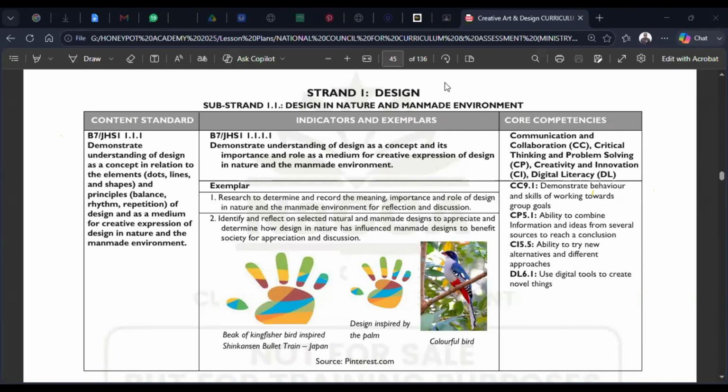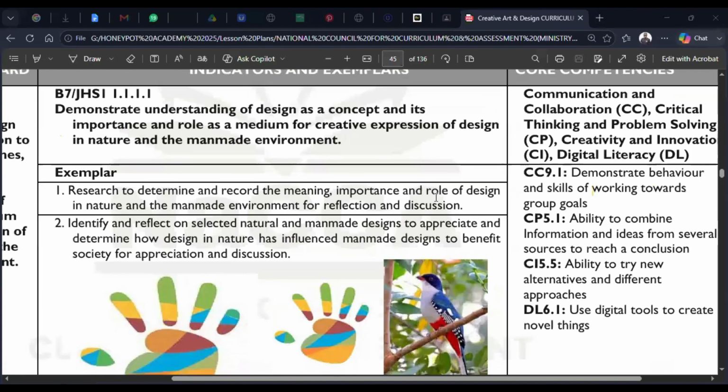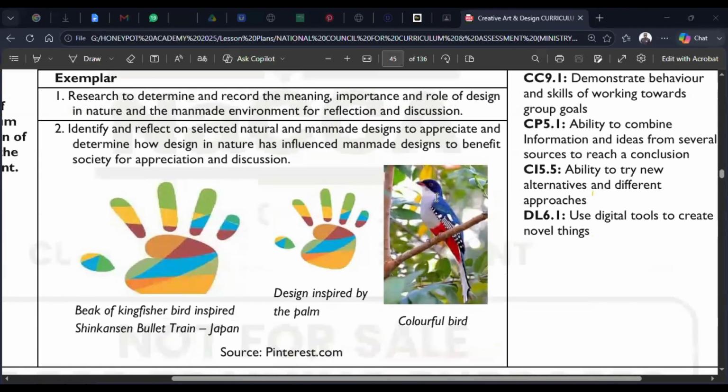Okay, so if you look at the images, let me zoom in. We have a colorful bird. We have a design inspired by nature. Now, it says that the beak of the kingfisher bird inspired the Shinkansen bullet train in Japan. I believe some of you will see these questions in your objectives.